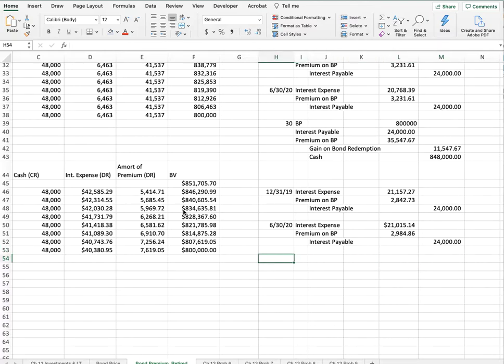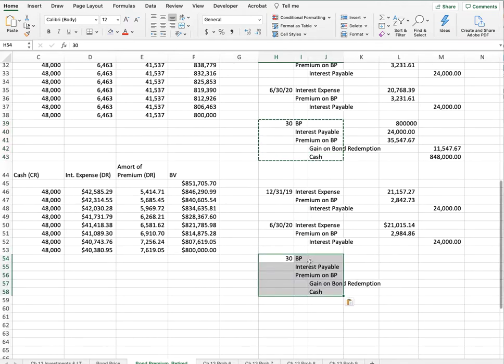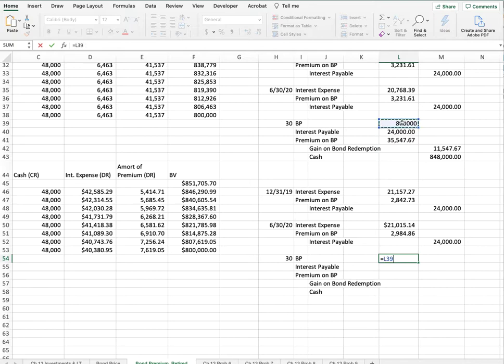And then for the elimination of that bond payable, we're going to use the same accounts. Again, the numbers are just going to be oh so slightly different. So our bond payable is still equal to that same 800,000 because we're eliminating the entire thing. Our interest payable, still that same 24,000 we calculated in our adjustment.